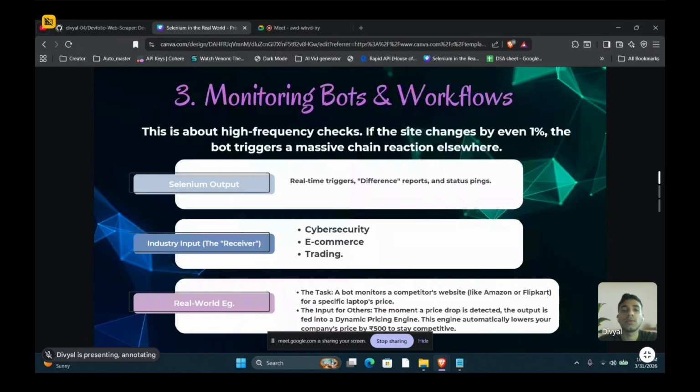Then the third thing is monitoring bots and workflow. This is one of the crazy uses of automation, and Selenium is used for these. It is usually with alerts. For example, in cybersecurity, as I mentioned, we have denial of service attacks. If there are too many requests going on, the load on the server increases.